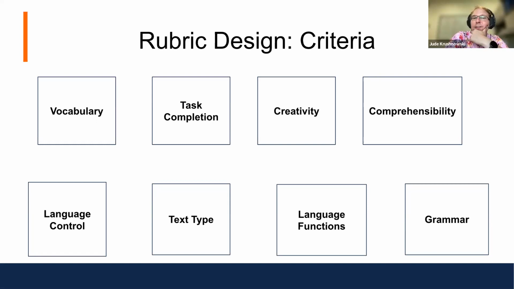All right. Yes, creativity, pretty subjective. And also, can you speak or be proficient in a language without being creative? Probably. So creativity might not be representative of language proficiency, right? Language control, okay.